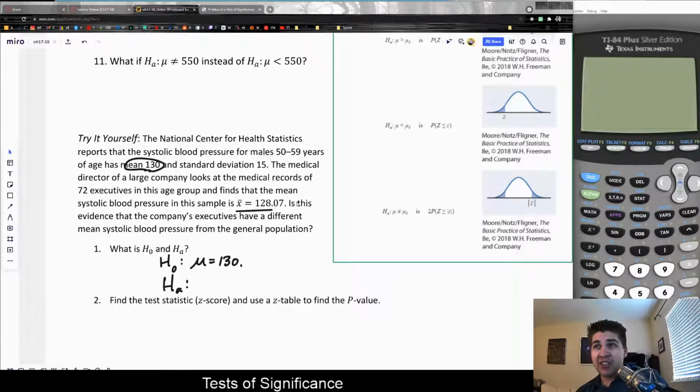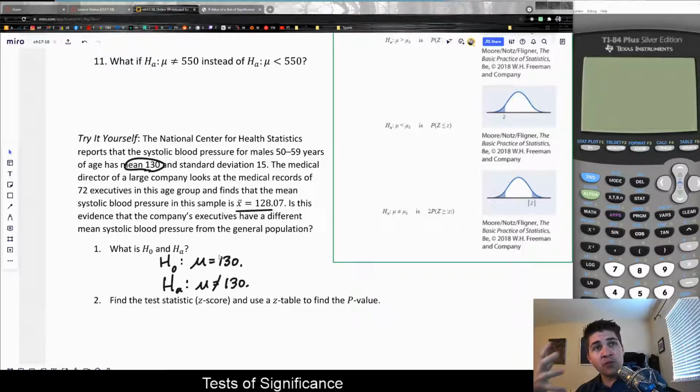Notice that the question actually asks, is this evidence that the company's executives have a different mean systolic blood pressure from the general population? Notice it doesn't specify less, it just specifies different. That's why we'd want our alternative hypothesis to be that the mean value is different from 130. So, summarizing: the null hypothesis is always that the mean is equal to something.